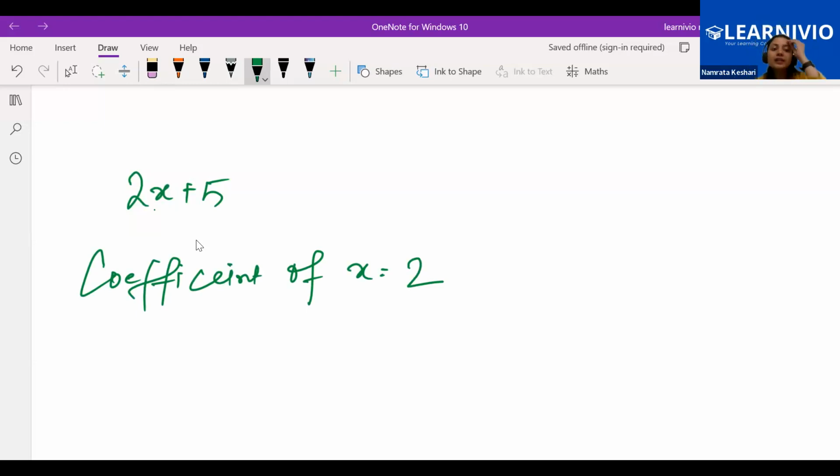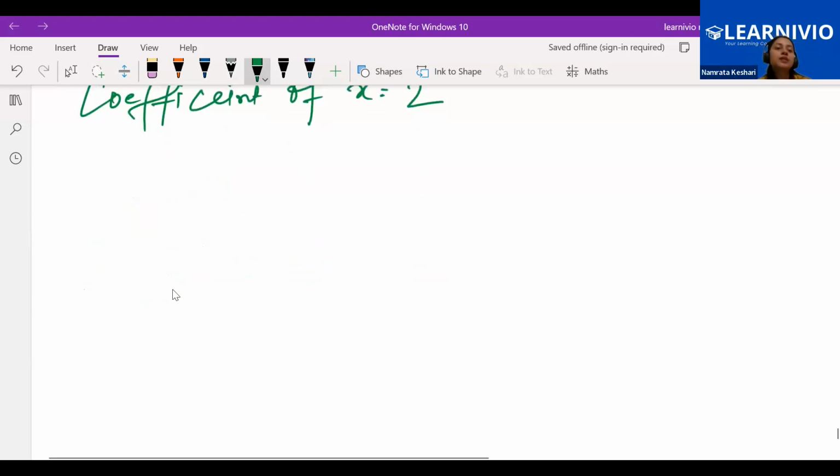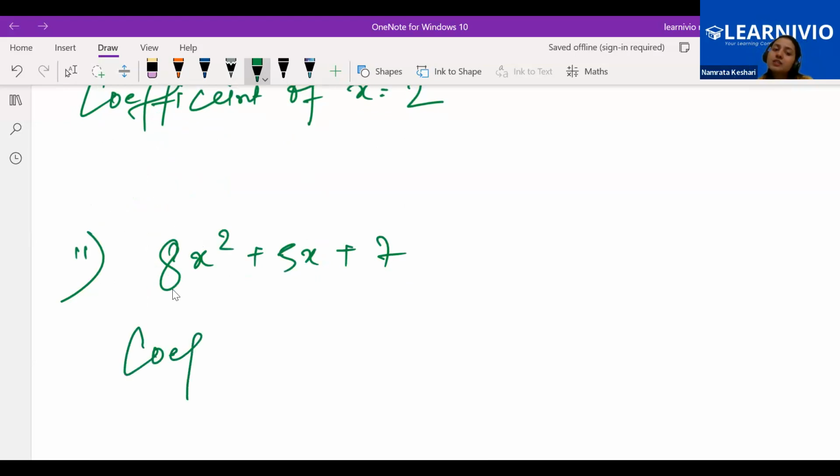Okay. And suppose I am writing the next question, that is 8x square plus 5x plus 7. Now the question is, what is the coefficient of x, Sara? 5. Perfect.